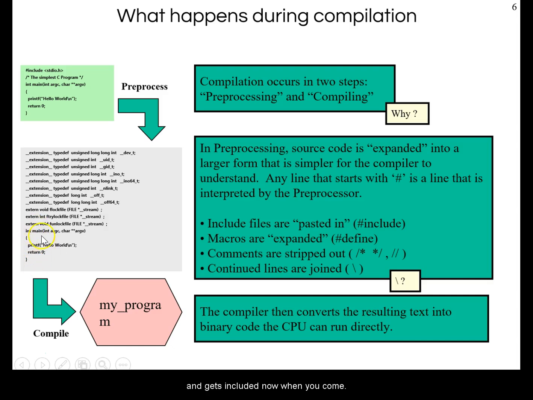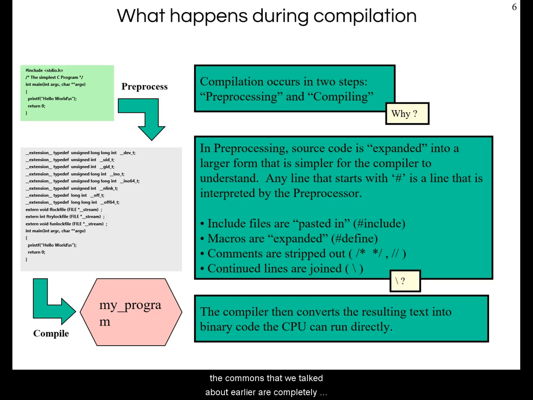Now when you compile the entire code, stdio.h along with your main program that you have written here gets compiled. Once this entire compilation happens, an output gets generated, which is the exe file that we talked about. This exe file can be executed. When you execute, you see the hello world output on the screen.